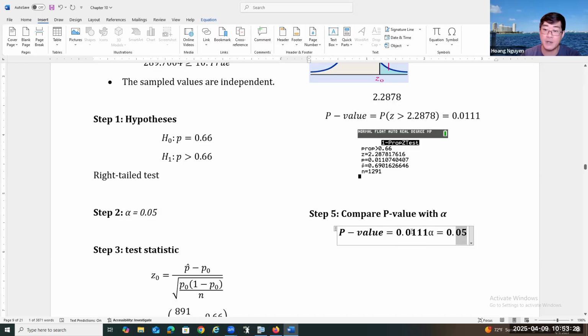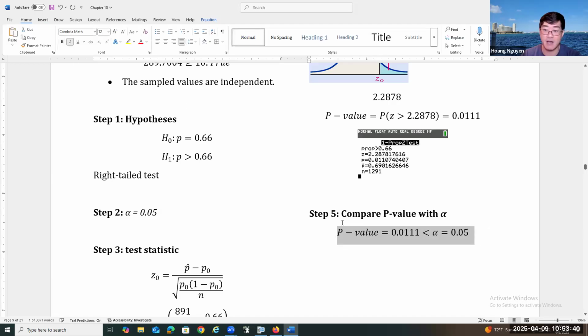So 0.01 is less than 0.05, right? So in this case, the p-value is less than alpha.